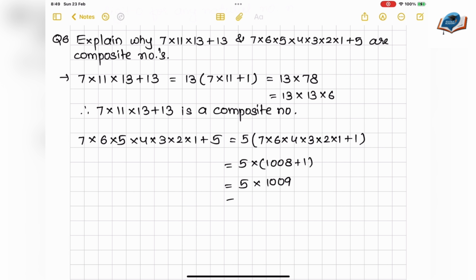Again, 1009 cannot be factorized further.